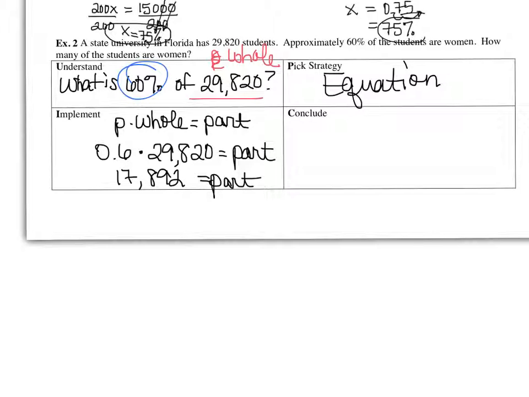But the conclusion is where we're actually writing a sentence that answers the question. So it says, how many of the students are women? You would say there are 17,892 female students.